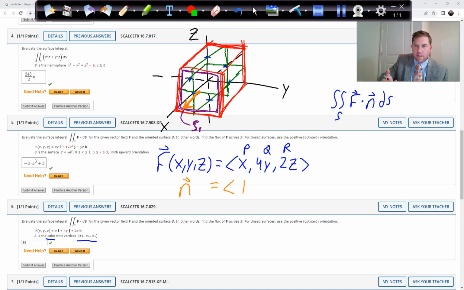It's basically i. It's pointing in the x direction, and then it has zeros in these other dimensions. And you can see each of these faces is going to point either in positive y or negative y, positive z, or positive x, negative x. So they're all going to be really simple vectors like this. And then when I dot these, you're going to get these zeros for these terms.